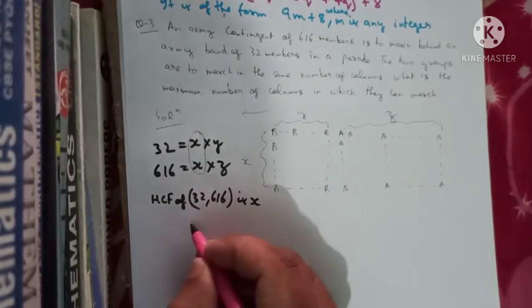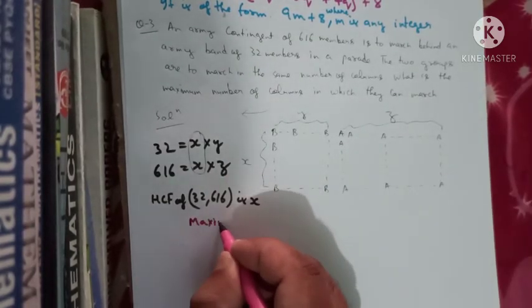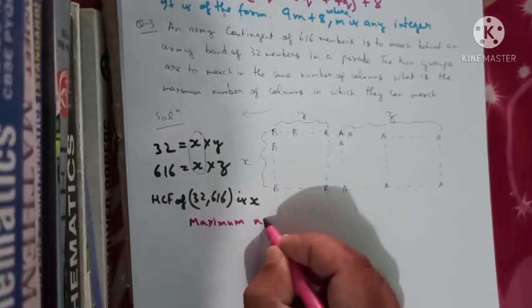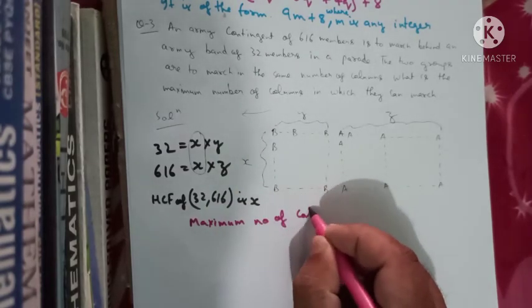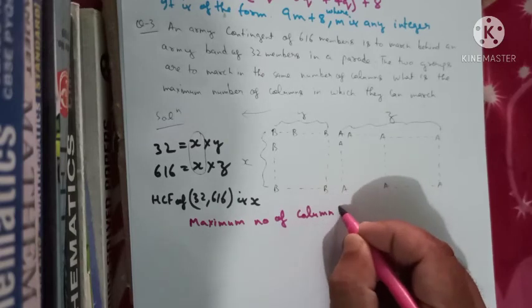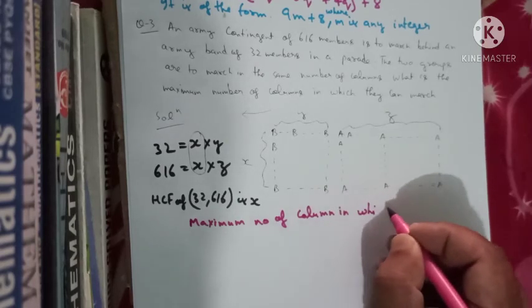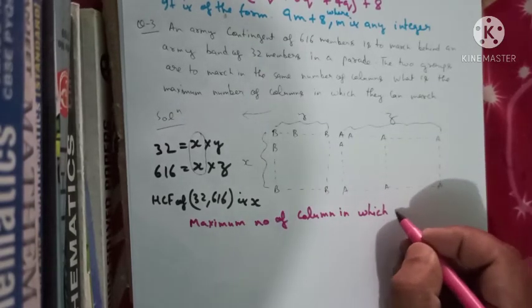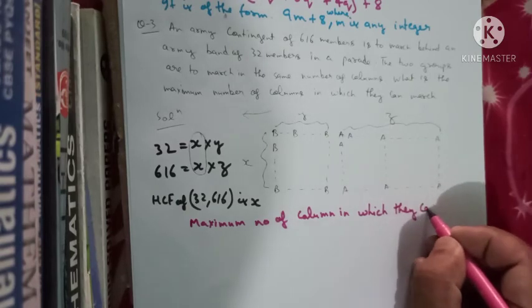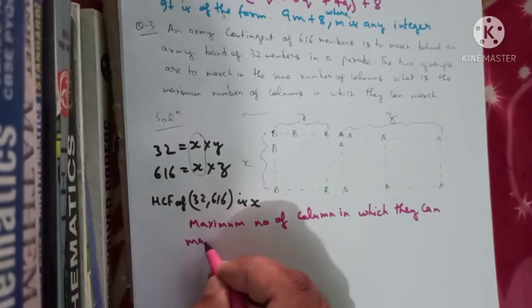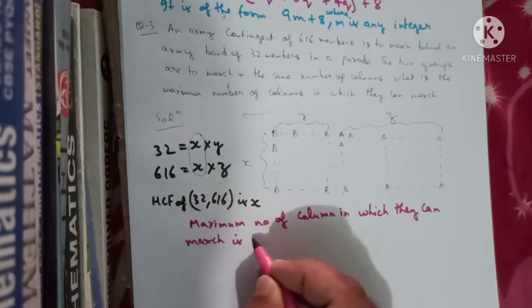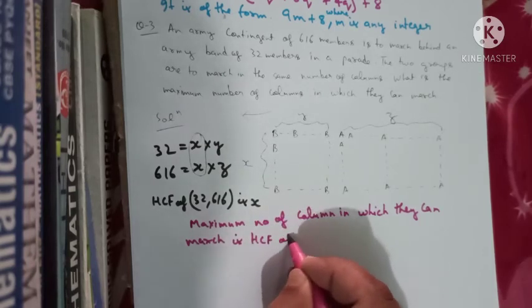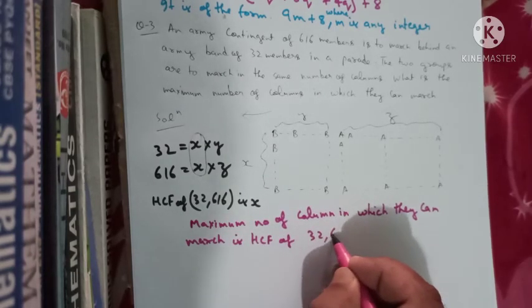So the maximum number of columns in which they can march is the HCF of 32 and 616.